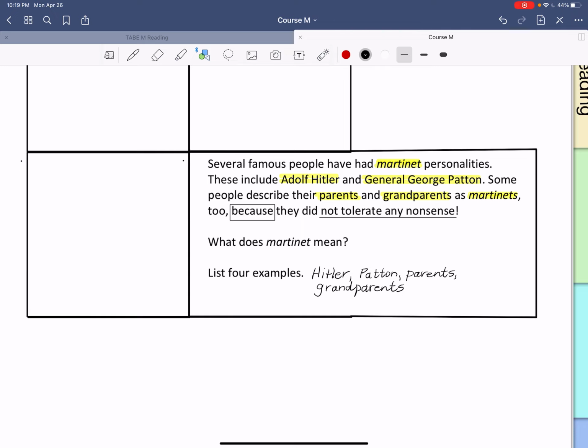A martinet is a strict person. We're talking about people here, so we can say that. Strict means they didn't tolerate any nonsense, and you could leave it right there. A strict person who obeys or who enforces, let's say who enforces rules.